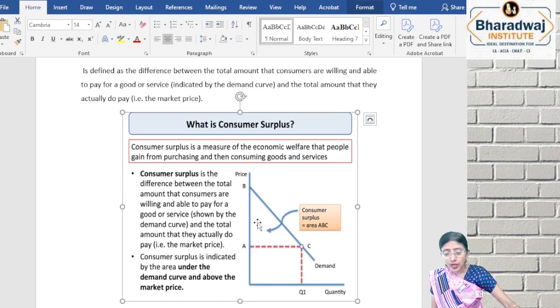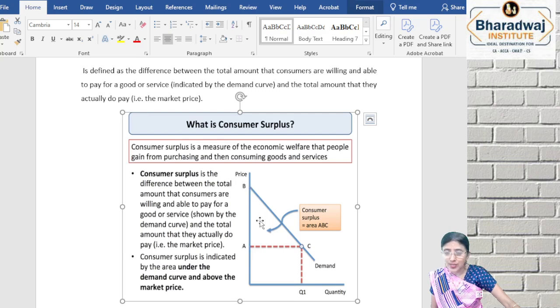Because the overall demand curve tells you O, B, C, Q1 is a demand. That is, the consumer's willingness is there. But what is it that he actually paid? OA, CQ1. This is what he was willing to pay. This is what he paid.